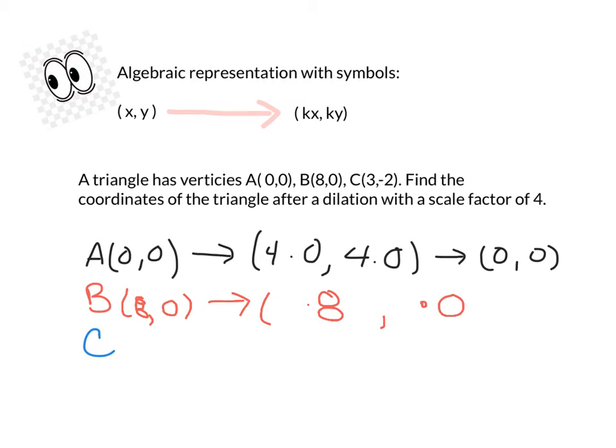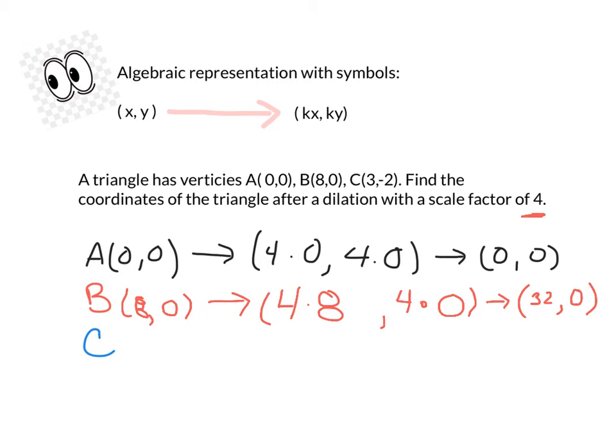In this situation, again, my scale factor is 4. So I am going to multiply my 8 by 4 and my 0 by 4, my x by 4 and my y by 4. So my new point for B is going to be 4 times 8, which is 32, and 4 times 0, which is 0.